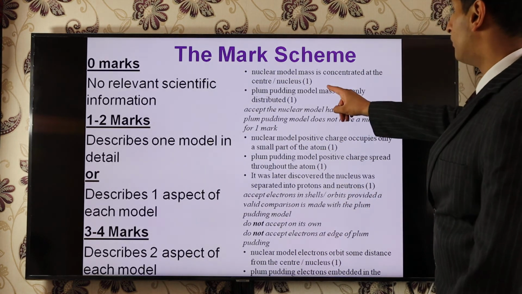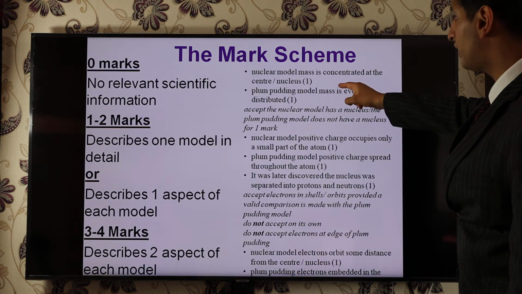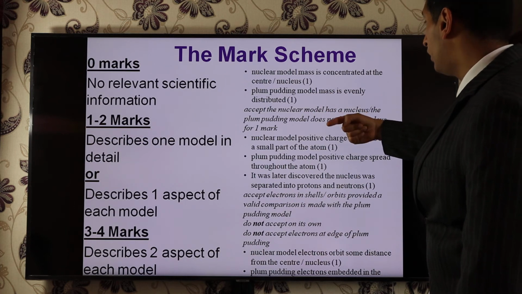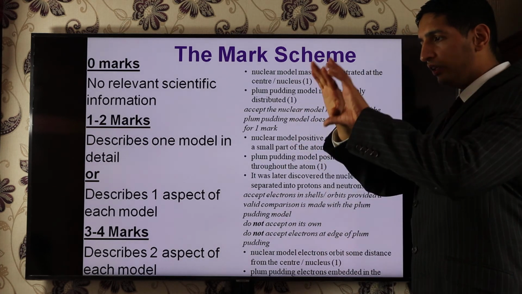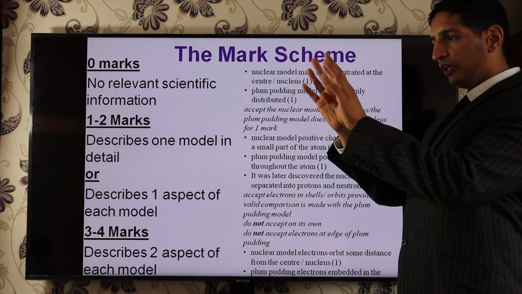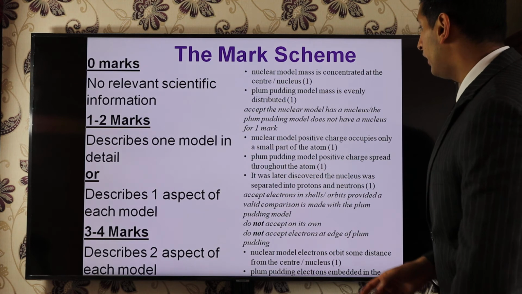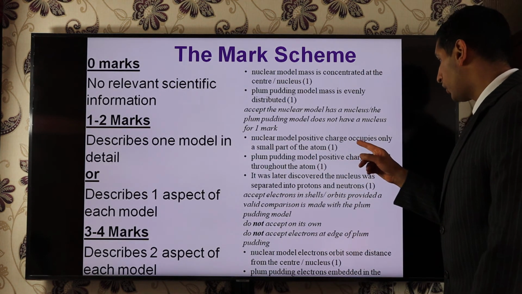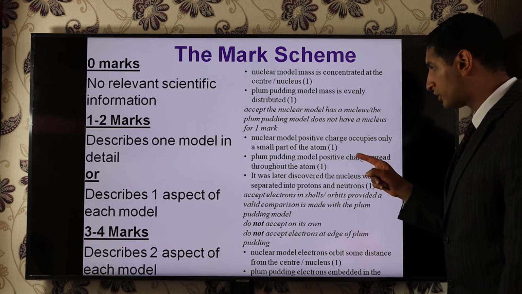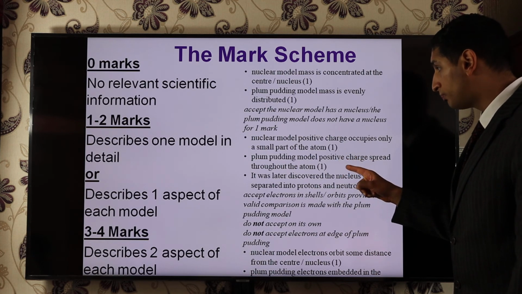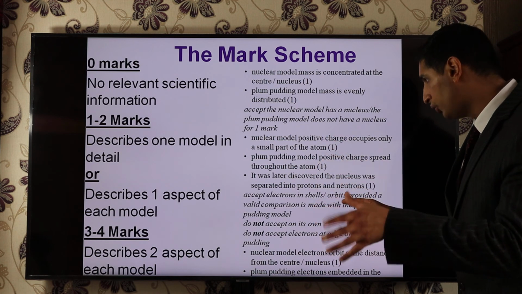In the nuclear model, mass is concentrated at the center. That's one big difference. In the plum pudding model, mass is evenly distributed, with the positive pudding around and the negative electrons scattered around. In the nuclear model, positive charge occupies only a small part of the atom, whilst in the plum pudding model positive charge is spread through the atom with that pudding.